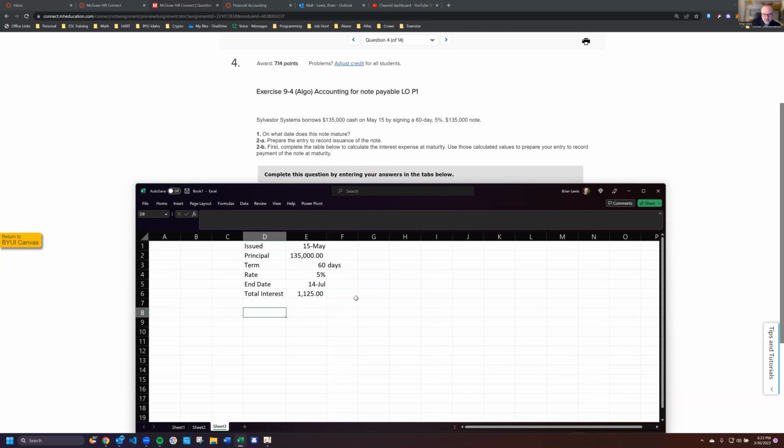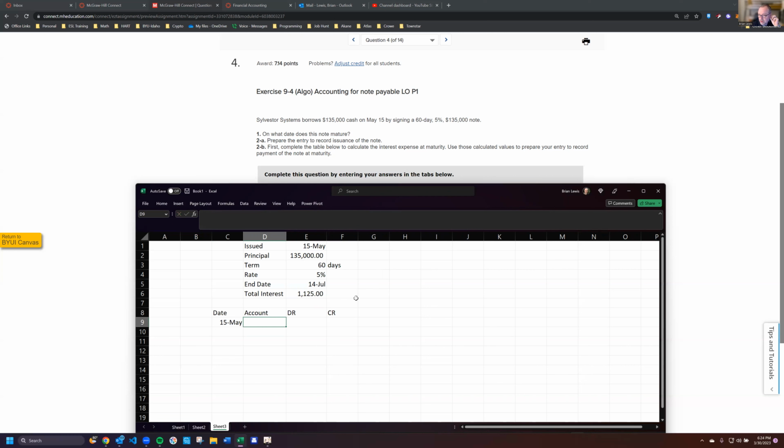So on your recording, let's put date, account, a debit, and a credit. So when it's first issued, a note payable, so this is 5/15. You've got a note payable and you've got cash.